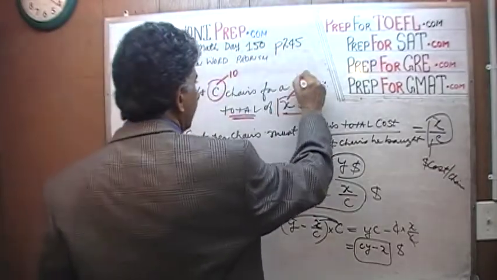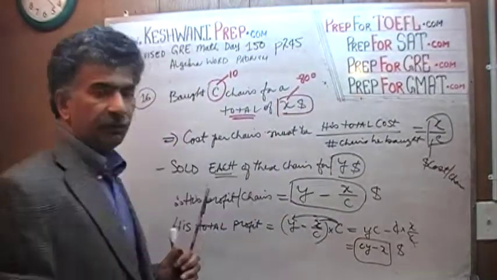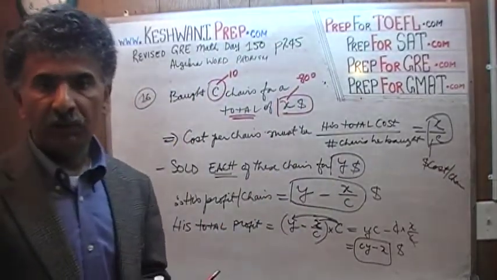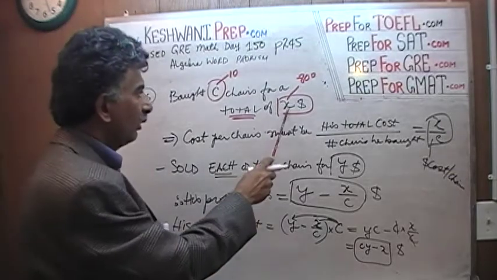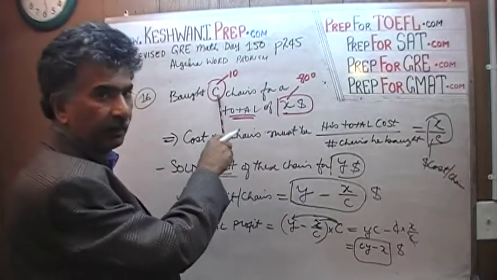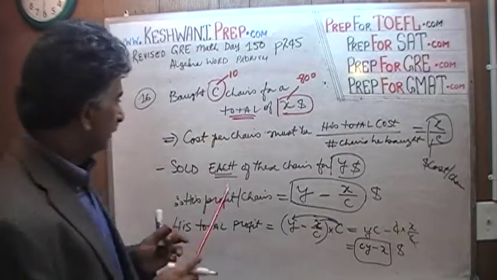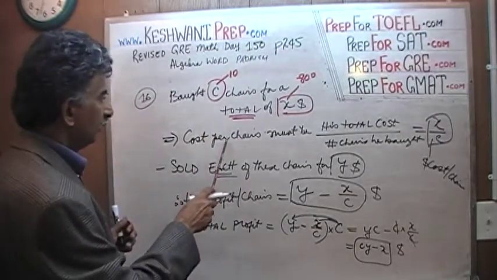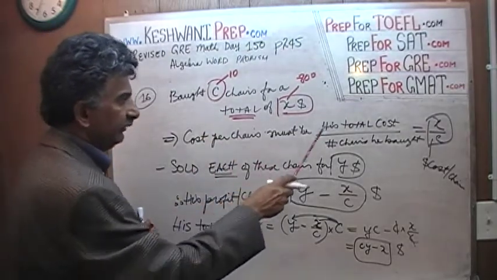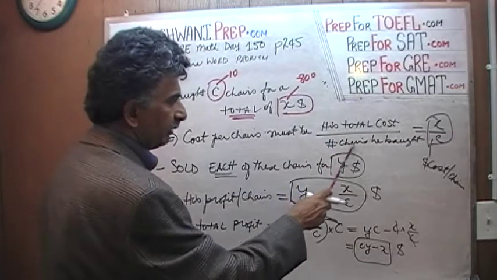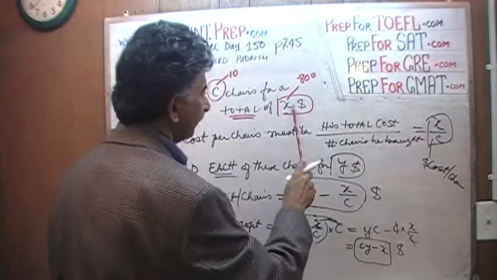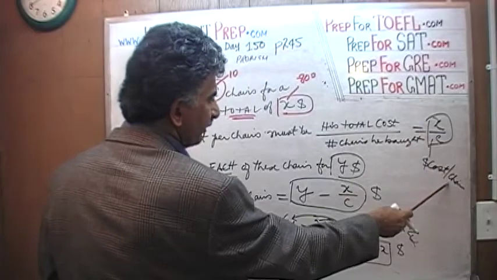I'm plugging in numbers here. You take his total cost divided by how many he bought, which is what we did. Therefore, his cost per chair must be his total cost divided by the number of chairs that he bought, which is X over C.